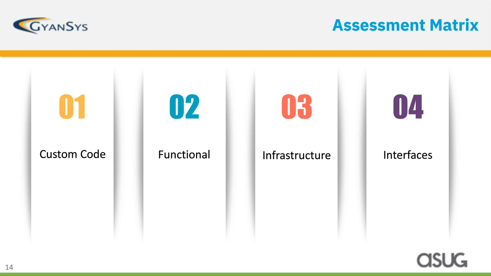Infrastructure-wise, for example, we help in sizing as well. If you are doing a brownfield implementation, there are different scenarios, right? You want to add users in the future, you want to add a new business unit to your system, or you want new applications to be added as you upgrade.